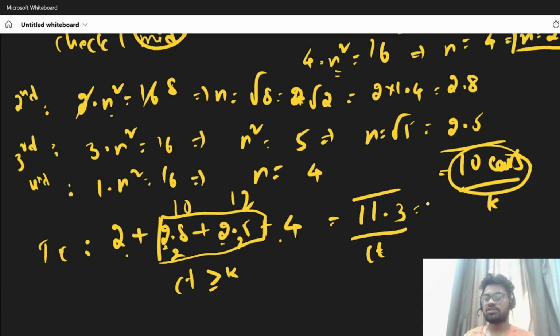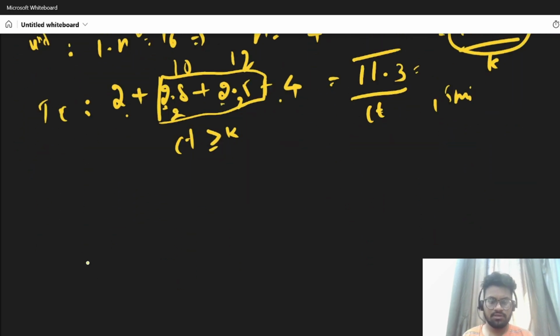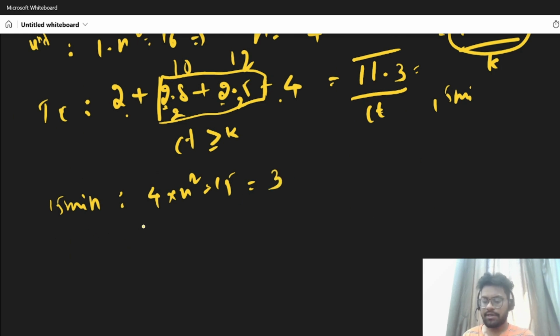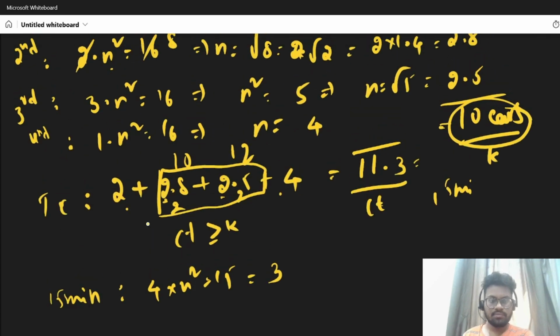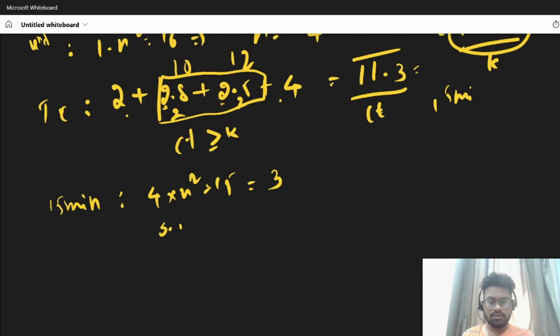In the same way, we'll check for 15 minutes. For the first guy, 4 into n square equal to 15, so n is around 1.9, roughly 2. For the second guy, 3 into n square equal to 15, so n square is 5 and root 5 is 2.3 something.